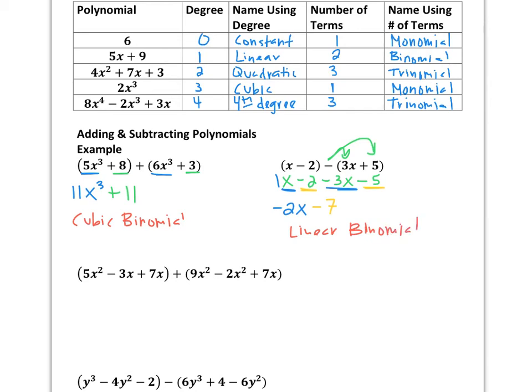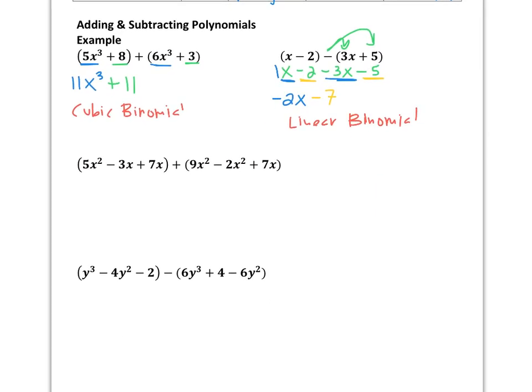All right, let's take another example here when we got a few more terms in there. All right, so 5x squared minus 3x plus 7x plus 9x squared minus 2x squared plus 7x. So I'll find my like terms. There's an x squared, there's an x squared, and there's an x squared. Right, and just with the x, we have those there.